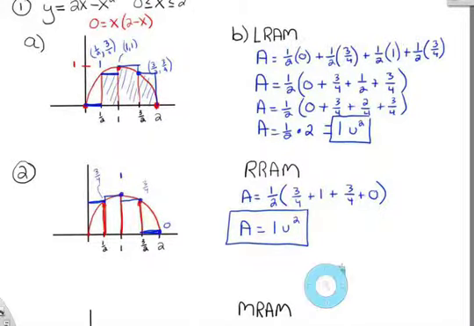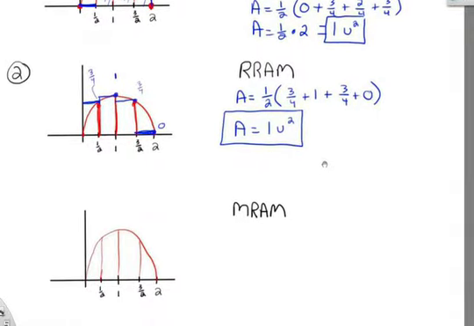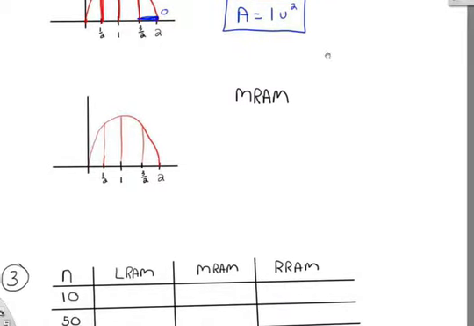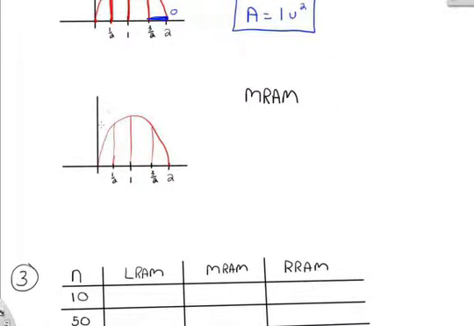Alright, so now let's work on the midpoint. And this is going to require us to do a little bit more work because while I know where my regions are, I don't know the heights of each of the rectangles because they want us to find the value at the midpoint. So the first thing I need to do is figure out where the midpoints are.